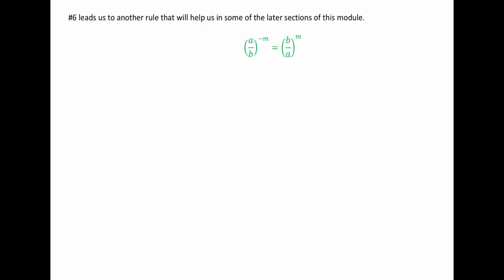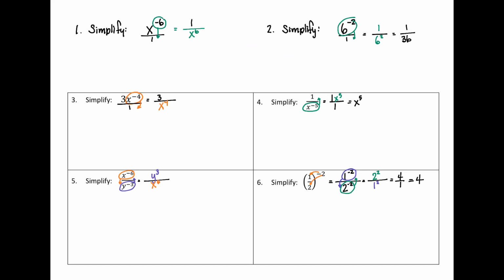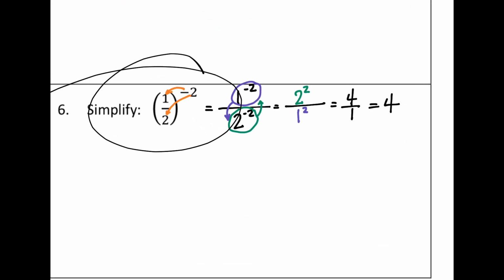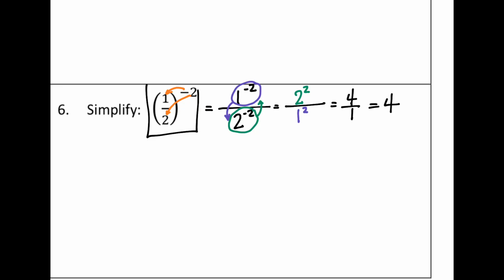Okay, number 6, the one that we did right here, the 1/2, leads us to another rule on the other page, and I'm going to show you here in just a second. Okay, but right now, let's take a look at this. What we're going to do is go from here basically to kind of here.